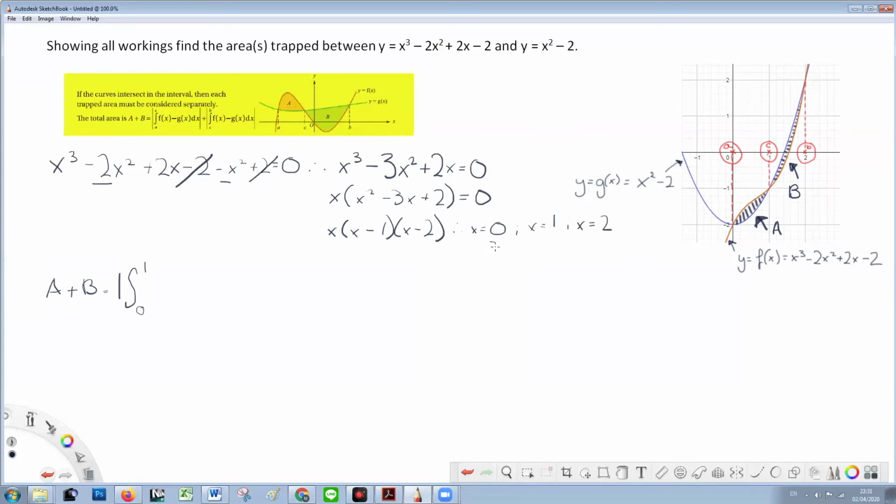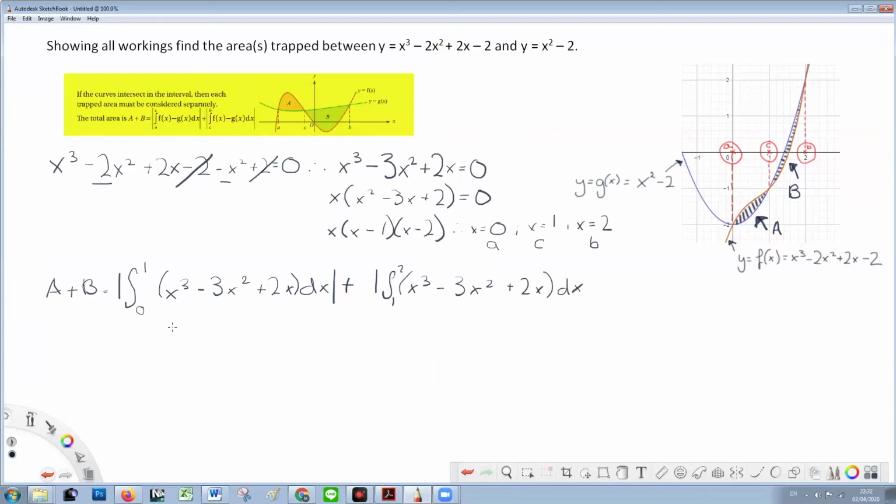So I can say this is equal to A, this is equal to C, and this is equal to B. And it's going to be the integral of x cubed minus 3x squared plus 2x dx, plus, with 2 and 1, the integral of x cubed minus 3x squared plus 2x dx.